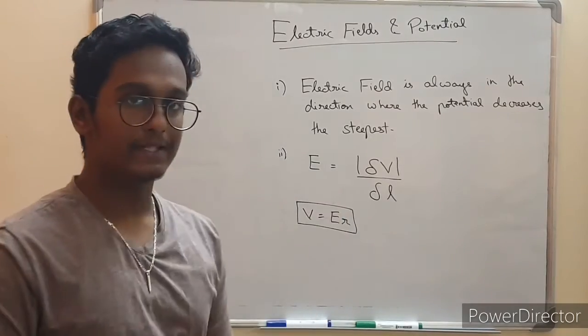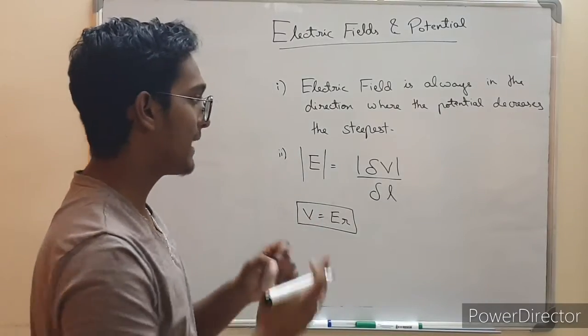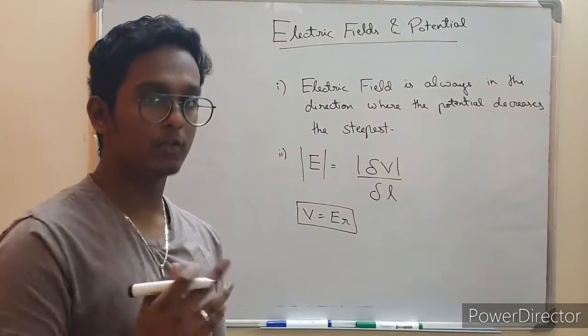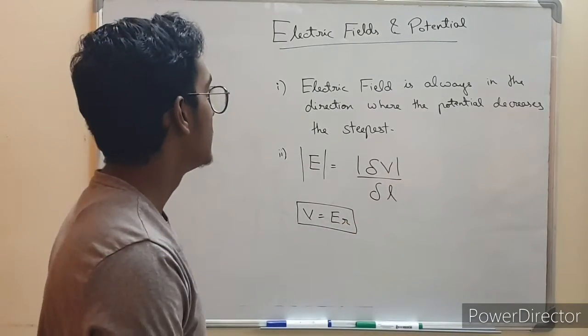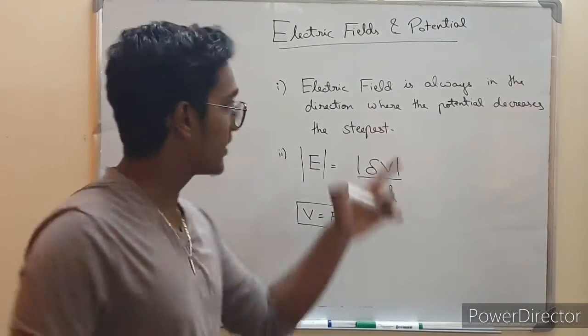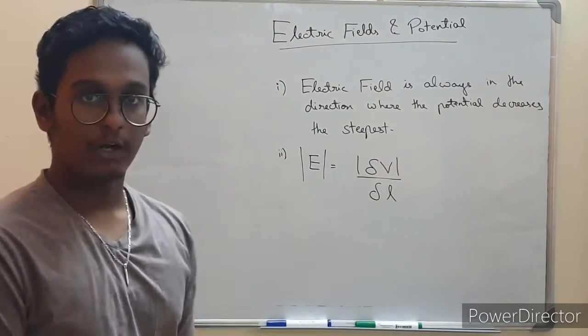This is just a way of expressing that the magnitude of the electric field is equal to the magnitude of change of potential per unit displacement. DL stands for unit displacement. So these two are the points for the relationship between electric fields and potential. So you can note it down.